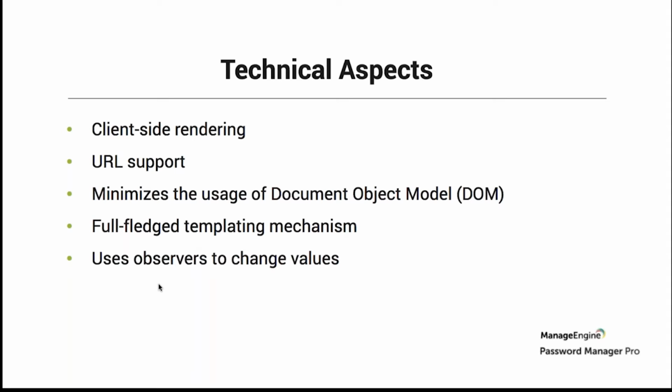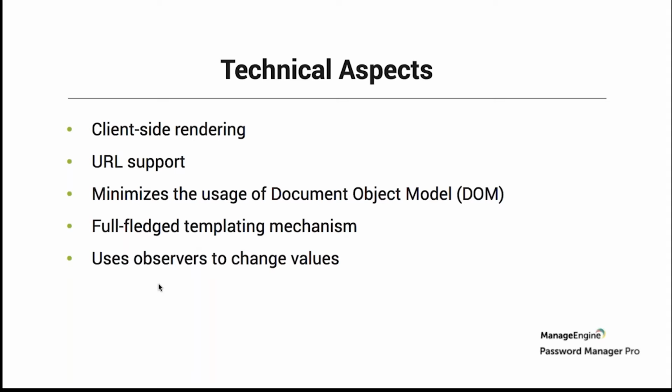Full-fledged templating mechanism. Here, all the static content will be kept as a template, and only the values received will be produced as variables. The last one is that users observe to change values, which results in only rendering the values that are going to be changed.